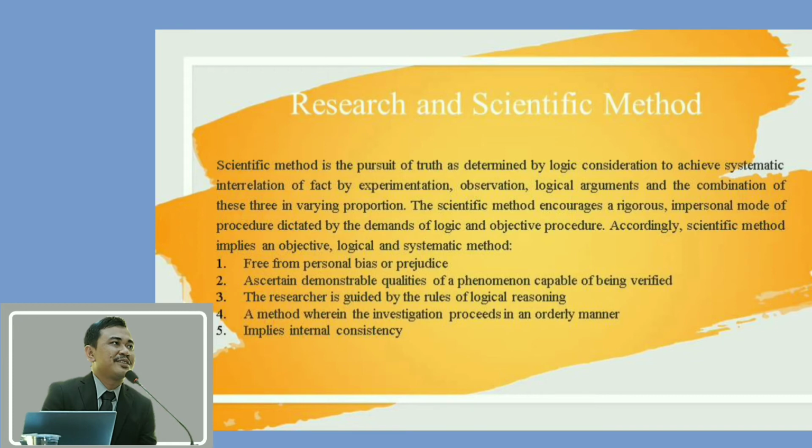Because if you don't do those steps in the right order, it might cause unacceptable results of the research. And then implies internal consistency. It means you have to be very consistent about your research.